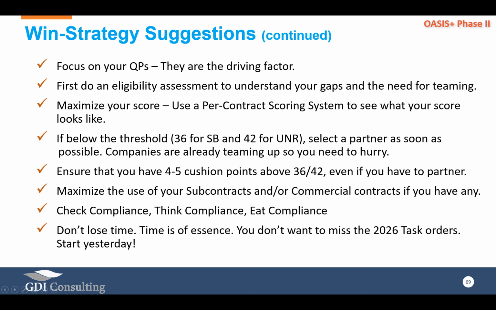Companies are already teaming up, so you need to hurry. Ensure that you have 4 to 5 cushion points, as I mentioned previously, even if you have to partner to get them. Maximize the use of your subcontracts and/or commercial contracts, if you have any. There's no difference. You get the points and that's it.